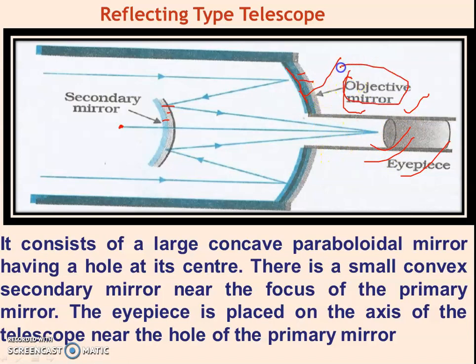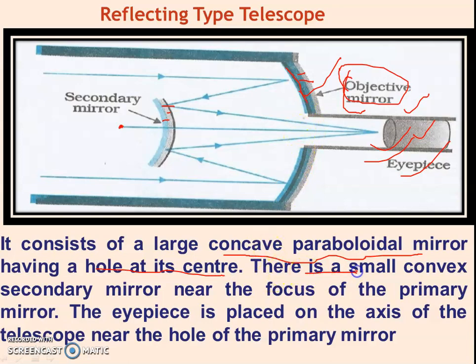fo means the focal length of the objective mirror, and fe means the focal length of the eye lens or eyepiece. It consists of a large concave parabolic mirror having a hole at its center.